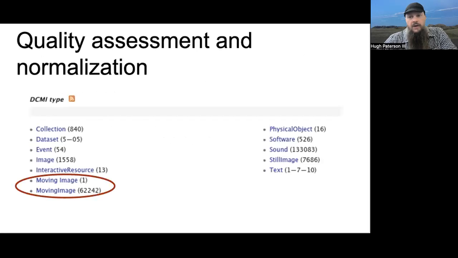And the final thing that I think would increase the usability of OLAC is if we did some metadata curation on the server side. There are things like moving image where it's split.